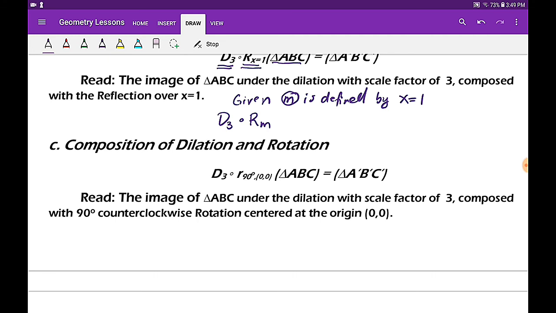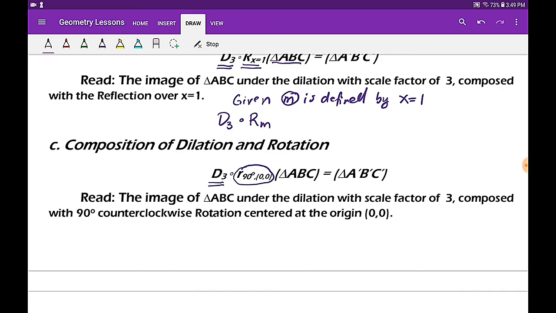Now remember, the center here is the center of rotation, not the center of dilation. So that's how it's read. And the pattern is you do the second mentioned transformation first. So here we do the rotation of 90 degrees first, and then you do the dilation of 3 on the image after doing that.